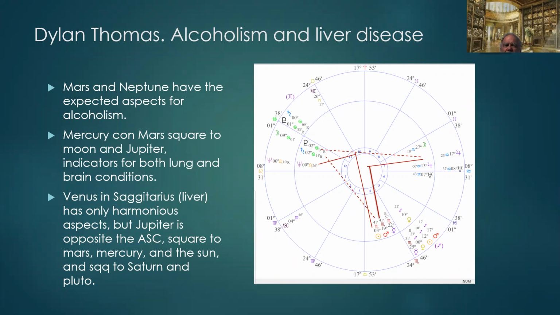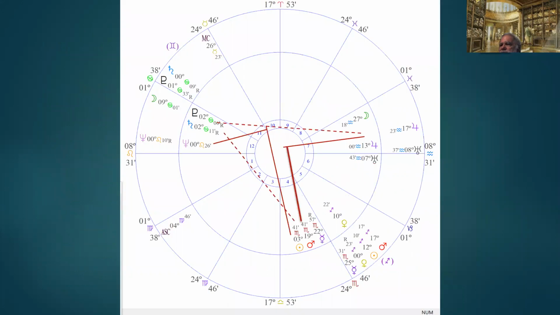Mars and Neptune. We expect alcoholism to have an afflicted Mars, right? And an affliction to Neptune, right? Sometimes Mars and Neptune aspect each other, but in this particular case, they don't. But the Mars here is afflicted.